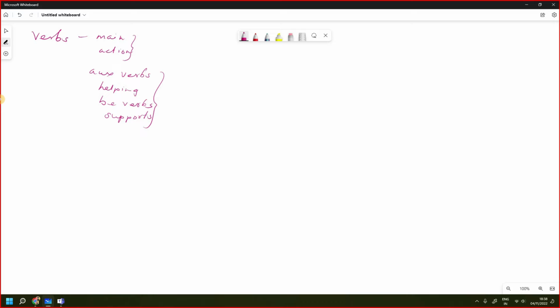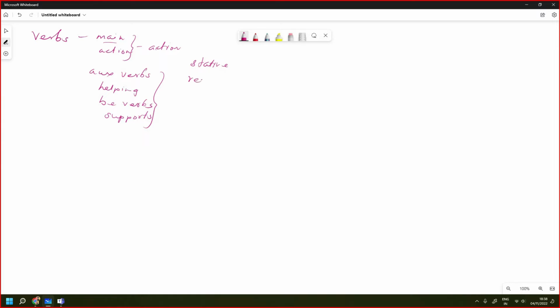From this word you understand that any word that denotes an action can be considered a main verb, and there are different other verbs also. For example, there are stative verbs.